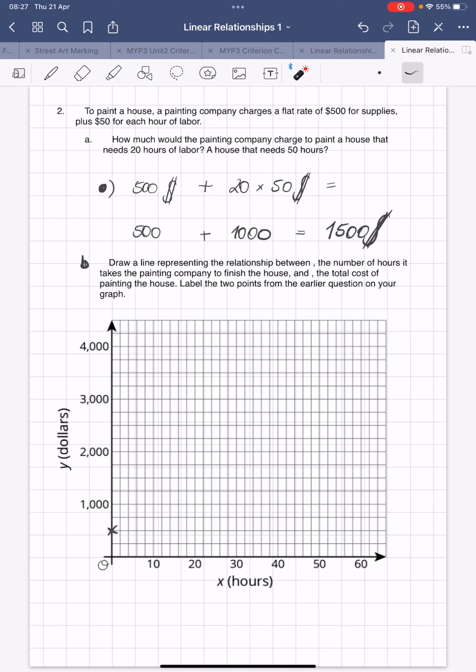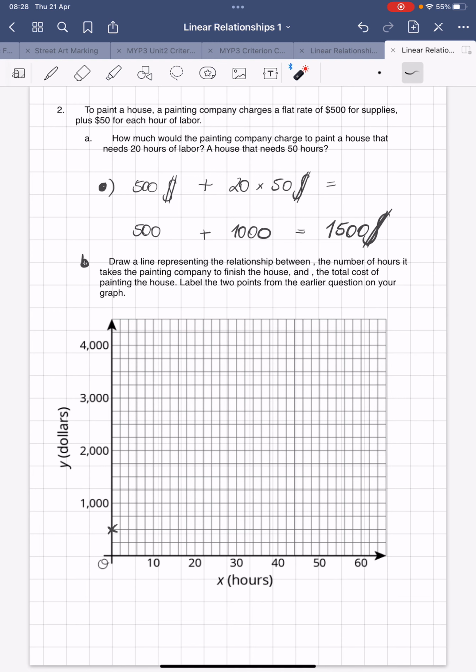And then they're charging 50 per hour. So if it's 50 per hour, and I only have here labeled 10 hours, that would be times 10. So they would charge $500 for 10 hours. And I'm going to mark that point here. So for 10 hours, I need to add another 500 to that initial value.